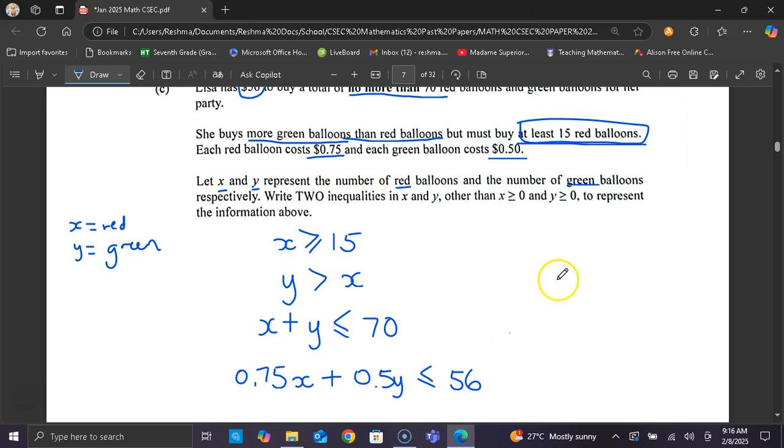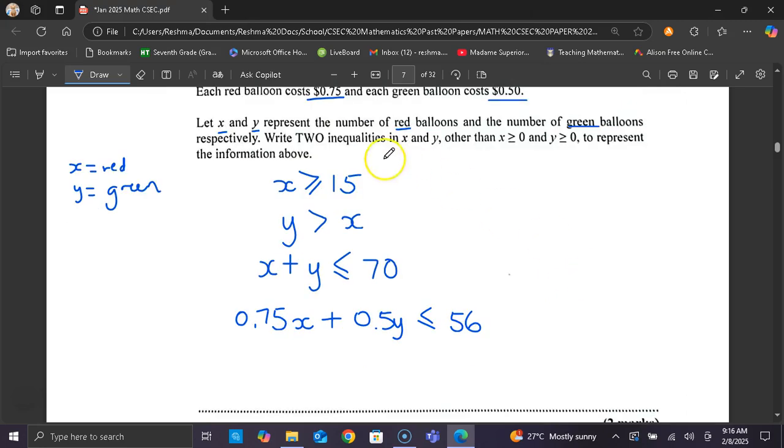So that's our fourth inequality. We only had to write down 2 inequalities, so any 2 of these 4 answers should suffice.